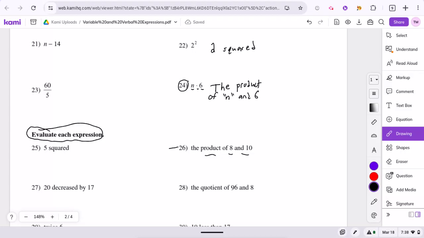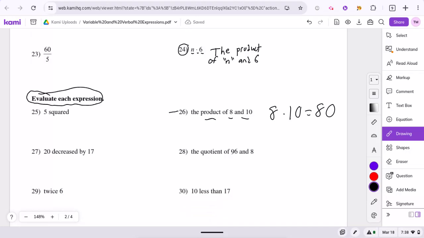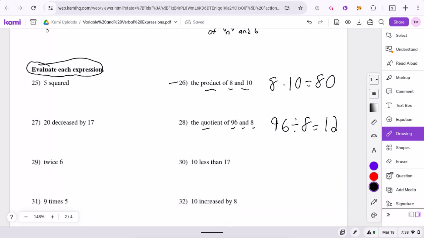So product means multiply, so 8 times 10, and that, of course, is 80. Next one, the quotient of 96 and 8. You should now know quotient means divide. So we would do 96 divided by 8, and that would give us an answer of 12.